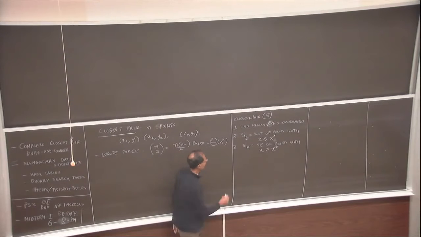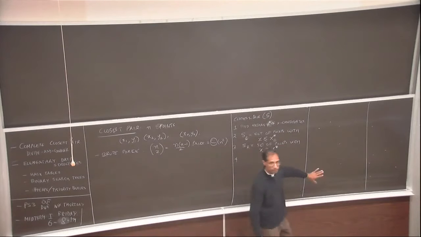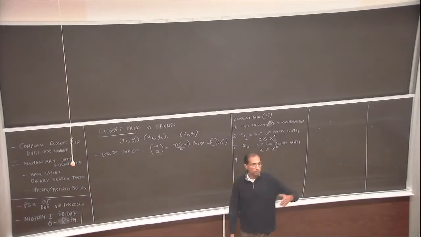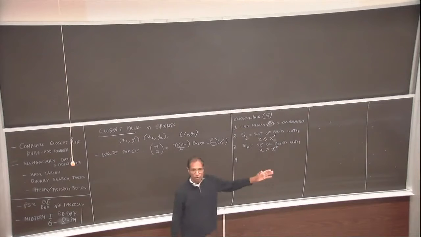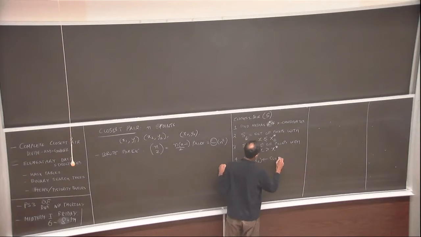Okay, good. Then what did we do after this? We split the points into two parts, and then we found the closest pair on the left and the closest pair on the right. So that's a recursive call. Let's suppose we have to use some notation.